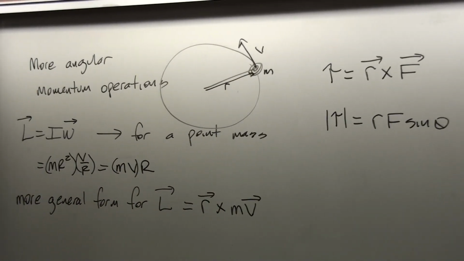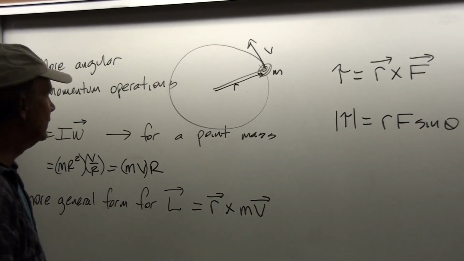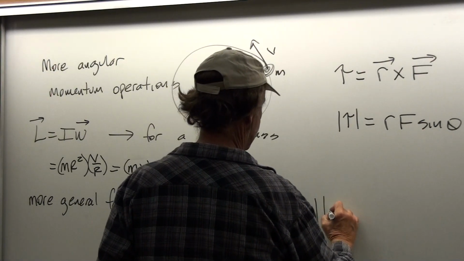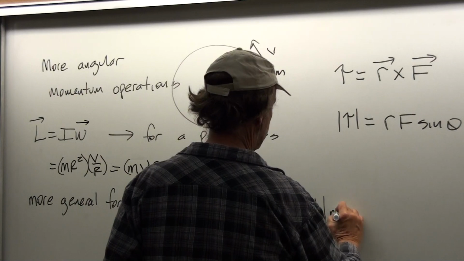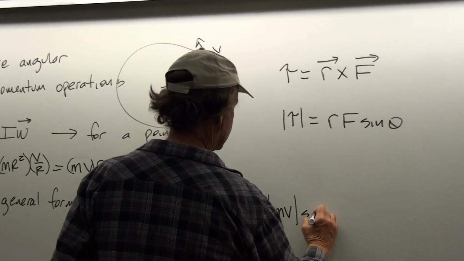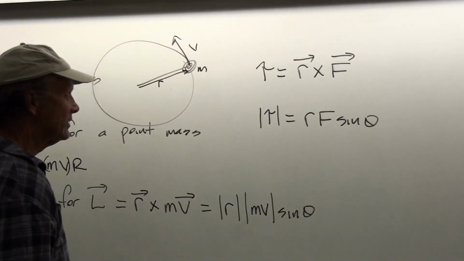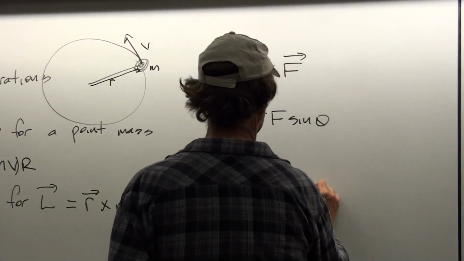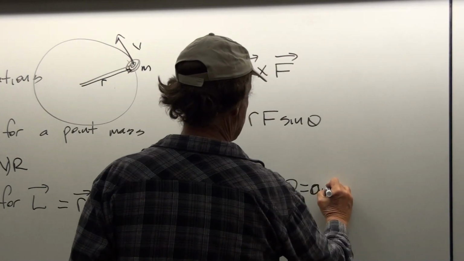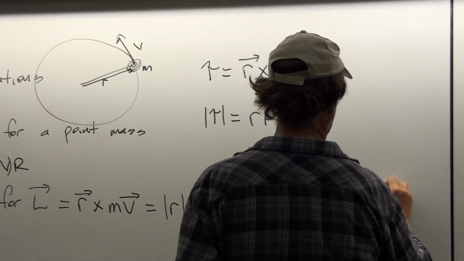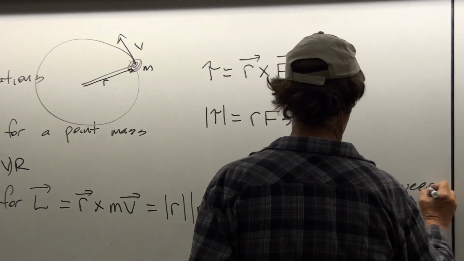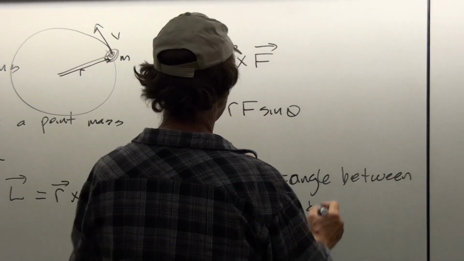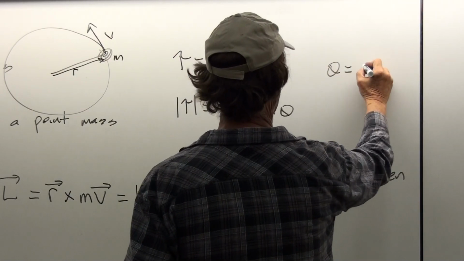This is our general property for a vector cross product, that this is going to be equal to the magnitude of r times the magnitude of our linear momentum, mv, times the sine of theta, where theta is the angle between r and v. Whereas here, theta is the angle between r and F.